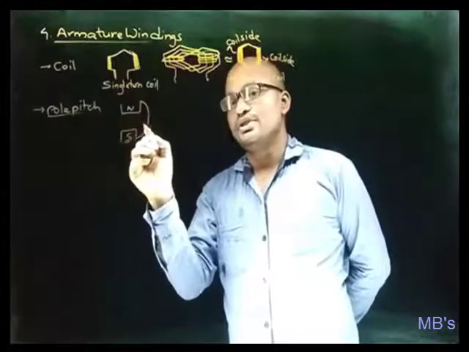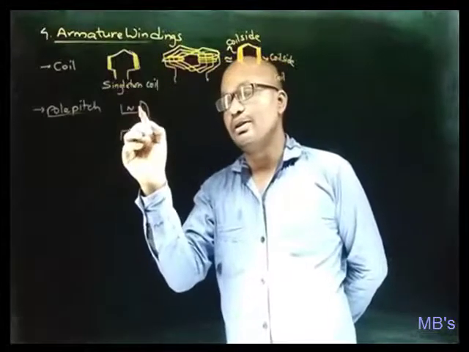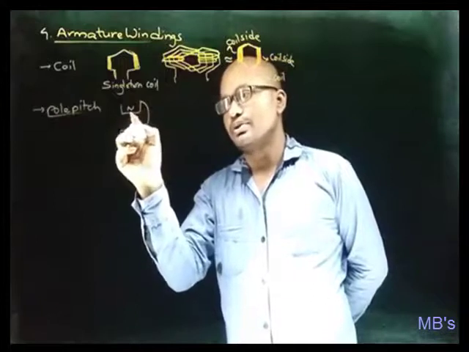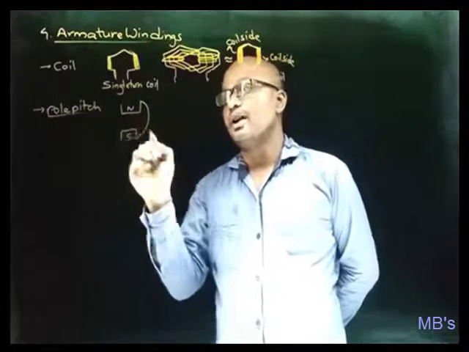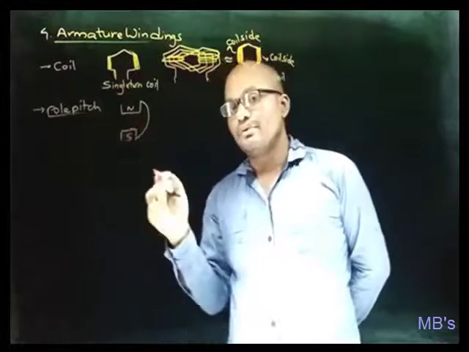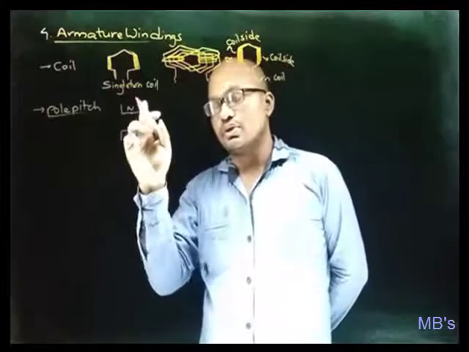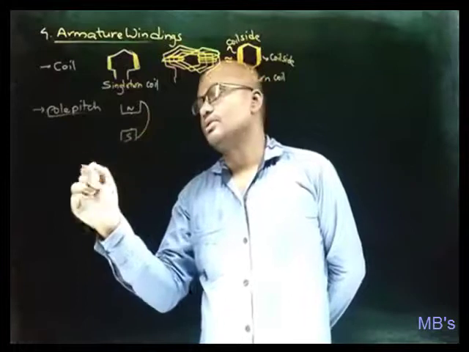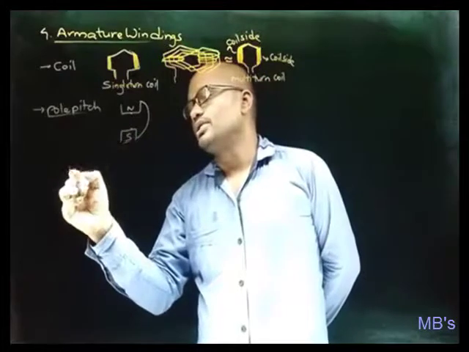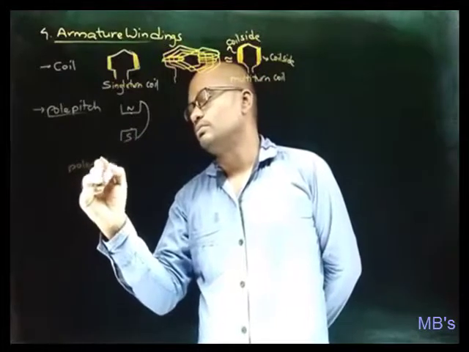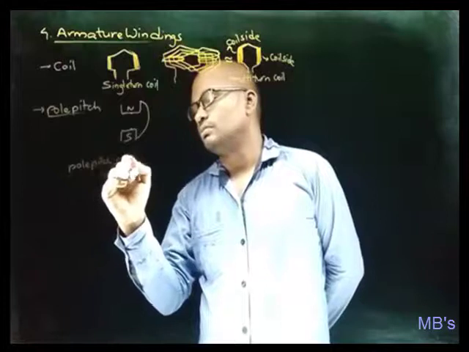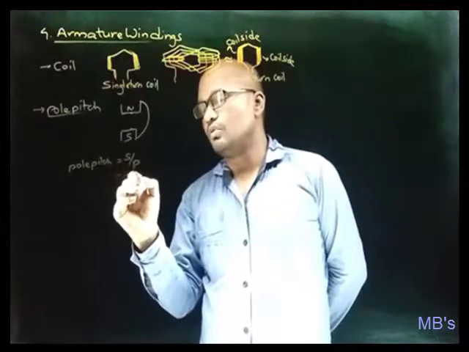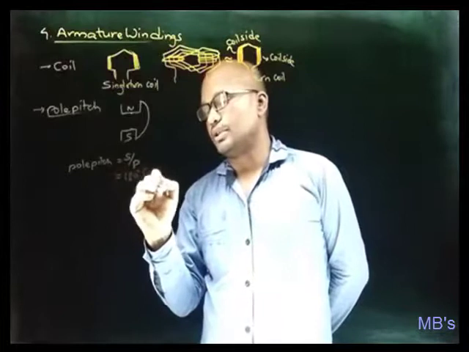So pole pitch is defined as the peripheral distance between the adjacent poles from center to center and measured in terms of number of slots or in terms of electrical degrees. So pole pitch is equal to number of slots per pole, or that is equal to 180 degrees electrical.